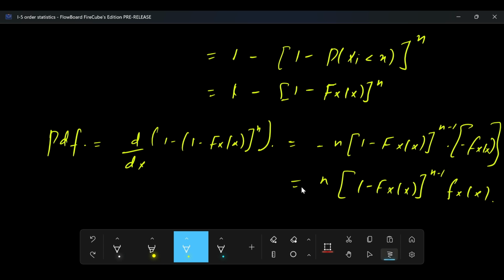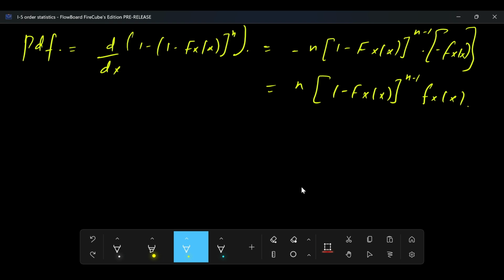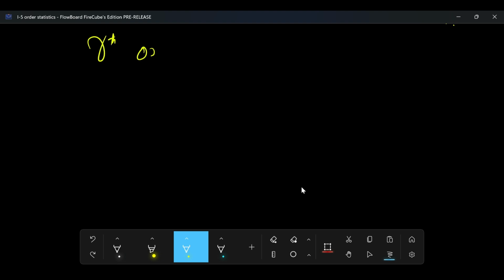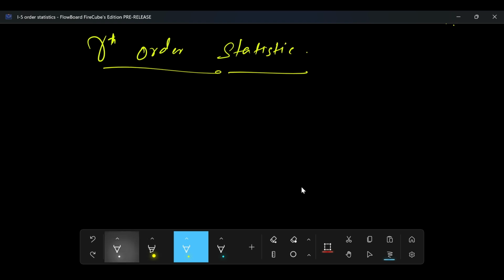Right? So now talking about the rth order statistic, you don't need to find the CDF of the rth order statistic. I will only give the formula to calculate the PDF of the rth order statistic.